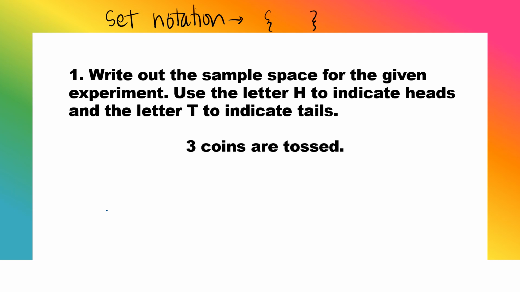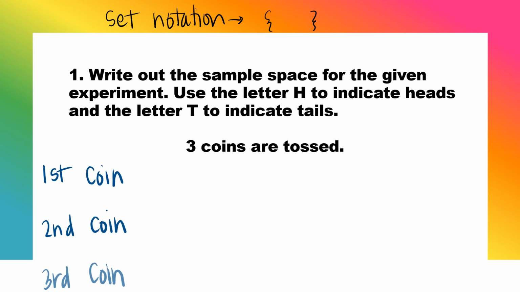If we're tossing 3 coins, each coin could have a heads or a tails. For the first coin, you could have a heads or a tails. And you can create what we call a tree diagram to help you identify all the possible outcomes, and that's what I'm about to do here.